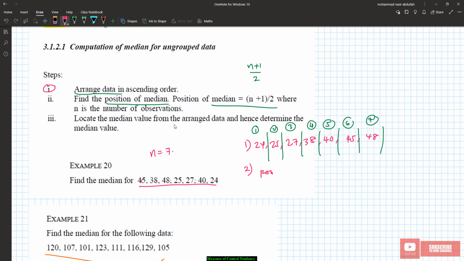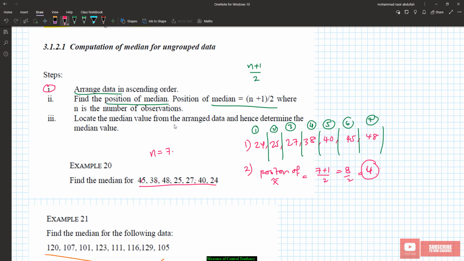Number 2, we need to find the position of the median. The position of the median should be n plus 1 divided by 2. So n is equal to 7, plus 1, divided by 2, is equal to 8 divided by 2, equal to 4. This is not the value of the median. Remember, this is where the median is located.